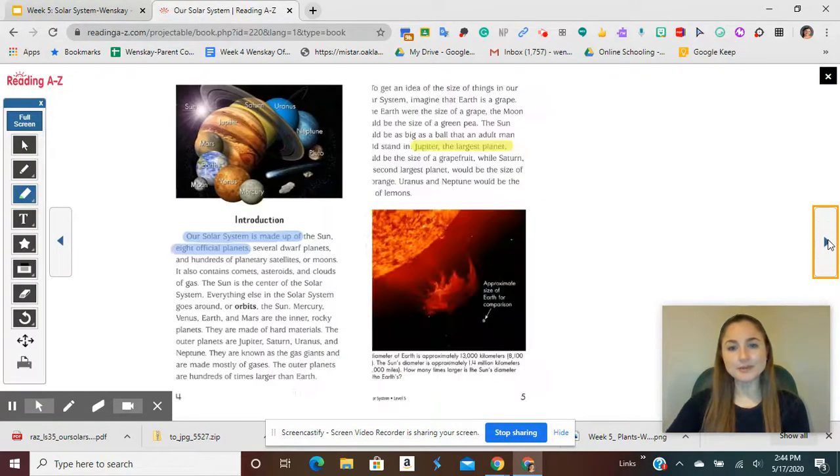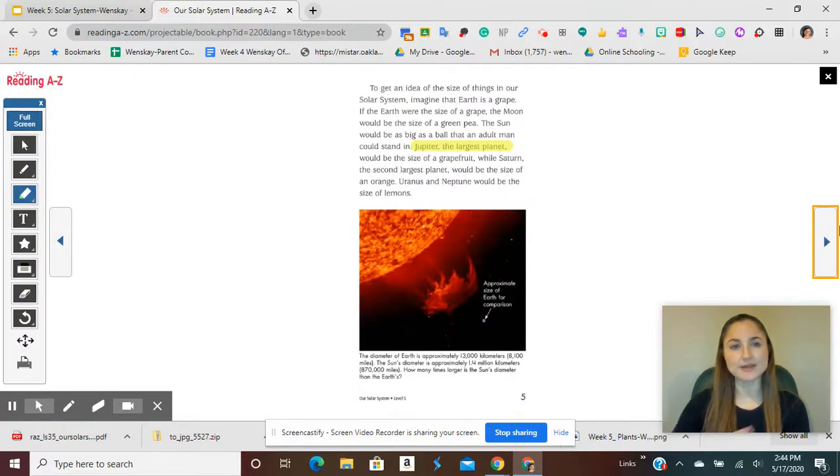So I'm going to go ahead and read this book in another linked video, but I do want to show you how I've gone through the text and highlighted areas where I have found the answers to my questions. Another question I had asked was, which planet is the largest? And so I found the answer to that, Jupiter, the largest planet.